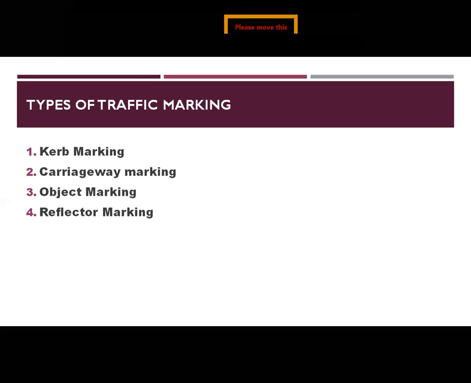It is important at night: in the day it is visible, but at night it is not, so when a driver is trying to overtake or stop the vehicle, it must be seen even in the dark. In hilly areas, huge rocks are painted white or yellow, or some message is provided on the rock.